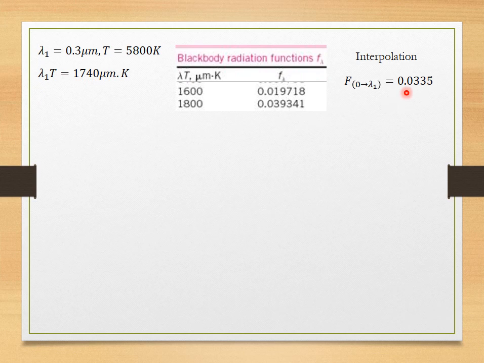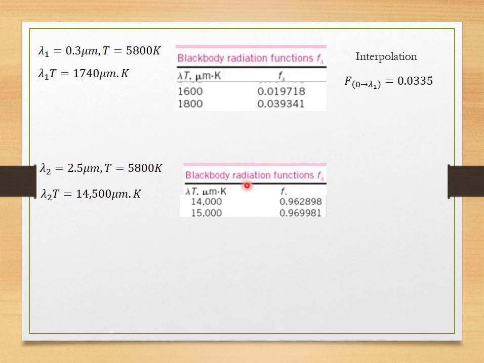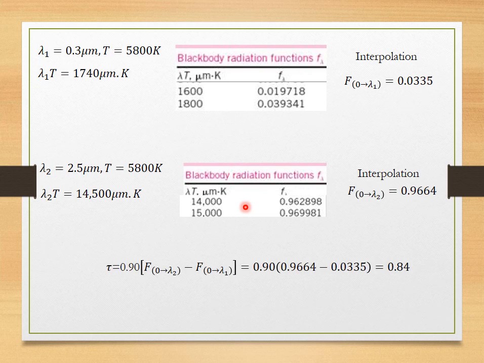which is 0.0335. The same goes for the second one, using a different wavelength, lambda 2 of 2.5 micrometer with the same temperature of 5800 Kelvin, and we get 14,500 micrometer Kelvin, which is also not stated directly in the table for the radiation function, so we need to do interpolation as well, and we get 0.9664.